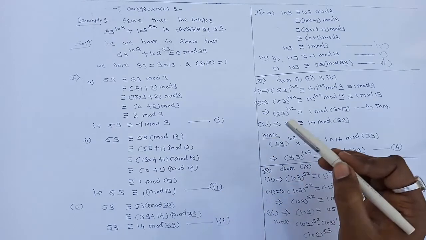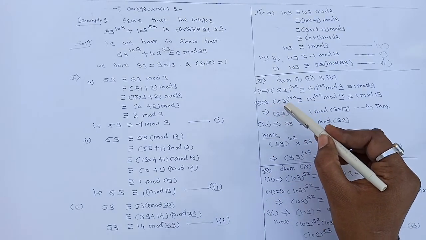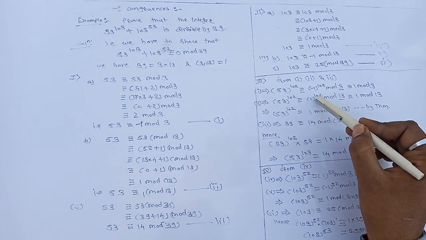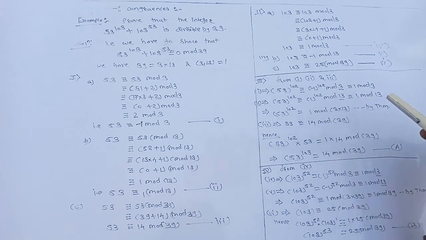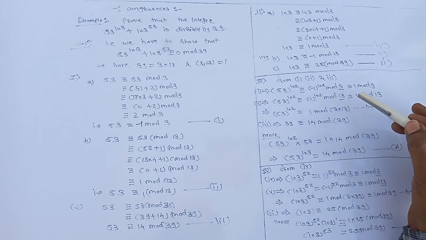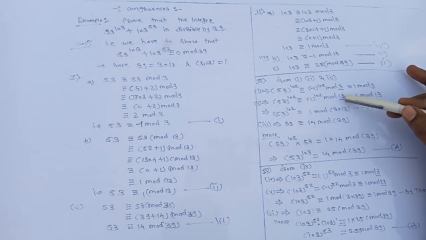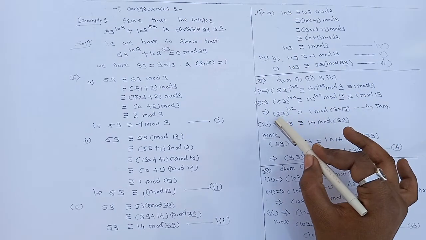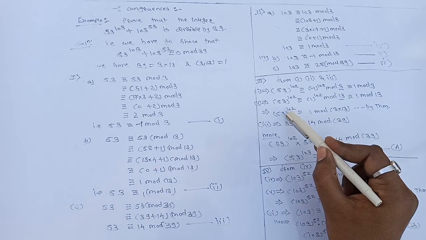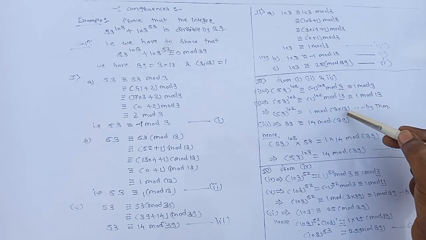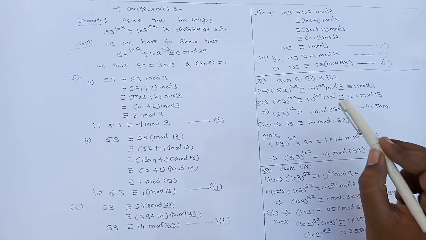This is equation number second. So 53 raised to power 102 congruent to 1 raised to power 102 mod 13, and 1 raised to power 102 is 1, so 1 mod 13. 3 and 13 are relatively prime, so by theorem, 53 raised to power 102 congruent to 1 mod 3 into 13.